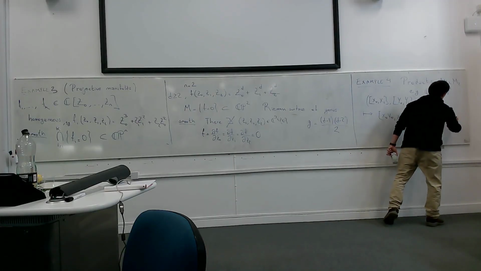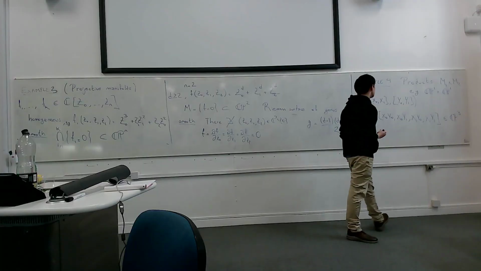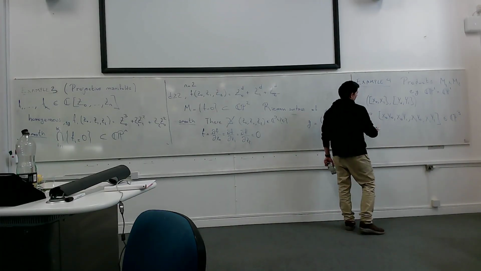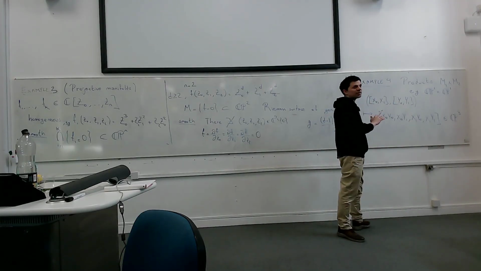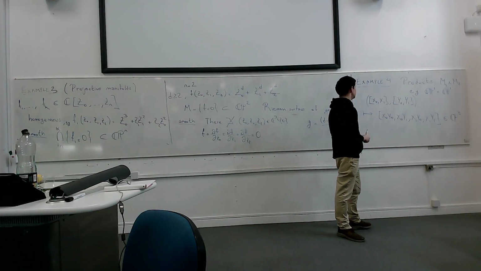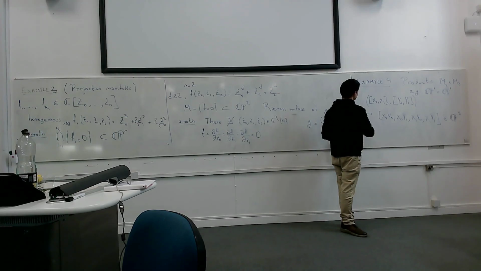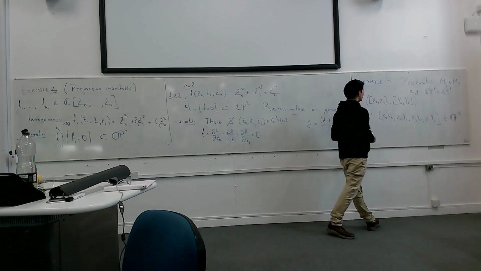This is a point in CP3. And this is a map, an example of a holomorphic map between complex manifolds. And then the image of this CP1 times CP1 is a hypersurface.